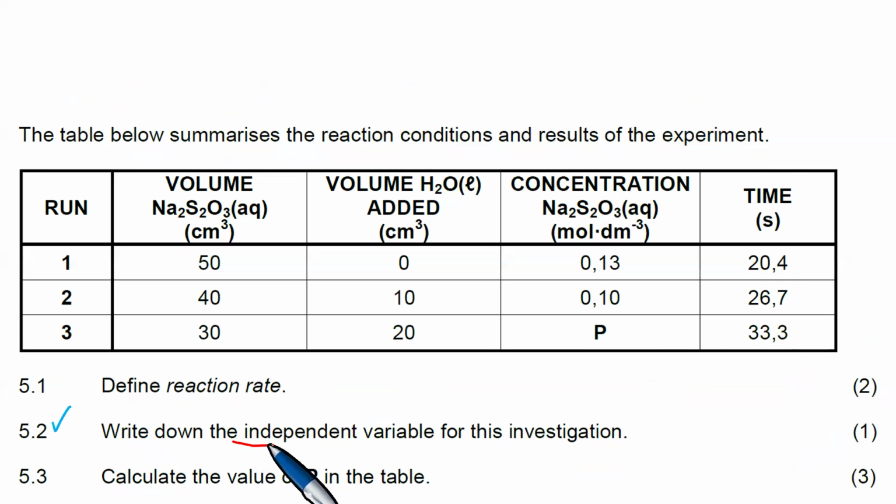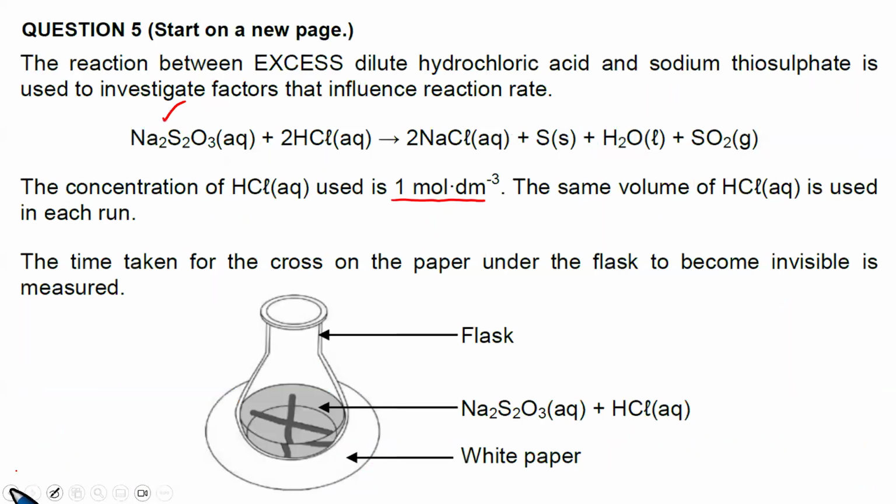The independent variable is the variable we change. What variable are we changing? You'd remember in the beginning, the reaction between excess dilute hydrochloric acid and sodium thiosulphate is used to investigate factors that influence reaction rate.